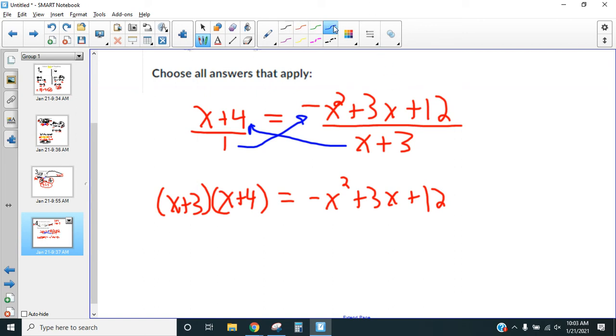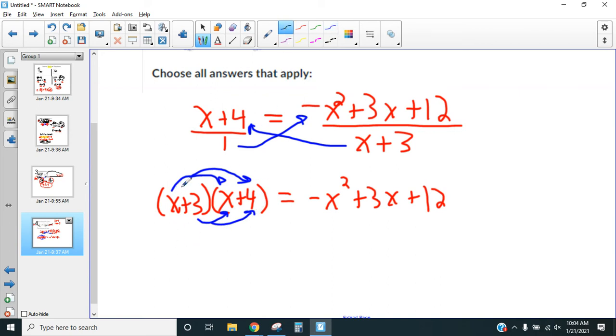On the left-hand side, we've got to use the distributive property 2 times, right? So I've got to distribute there and there, and then again, right? Double distribute.